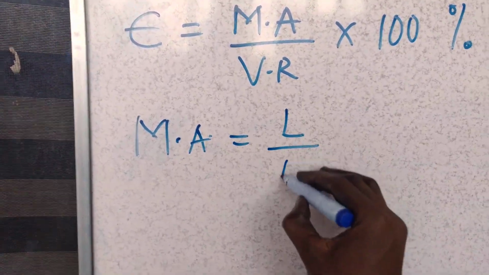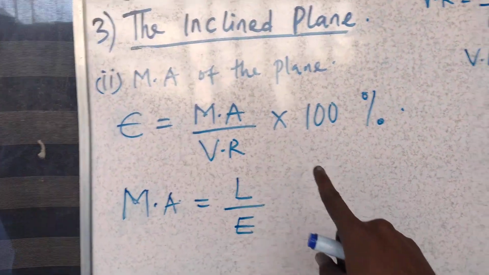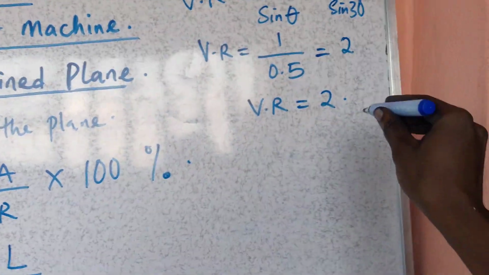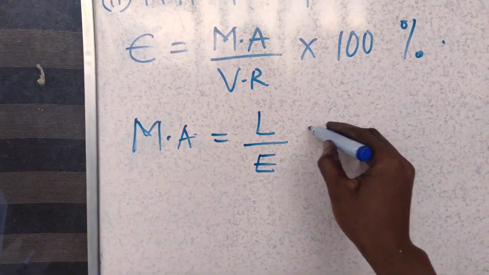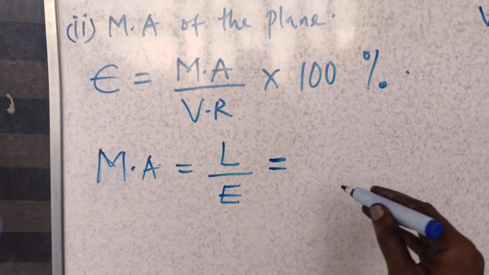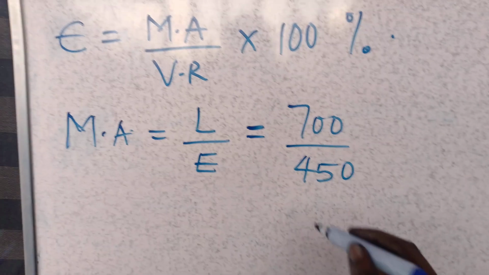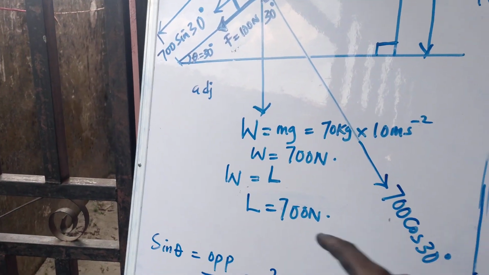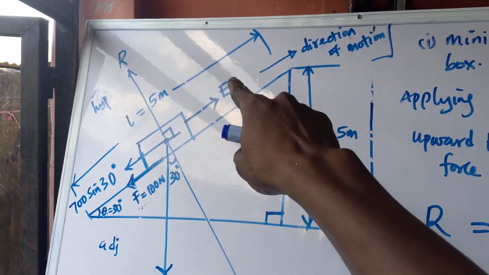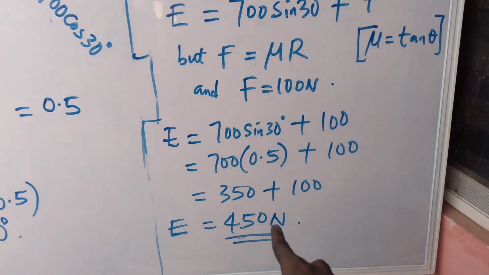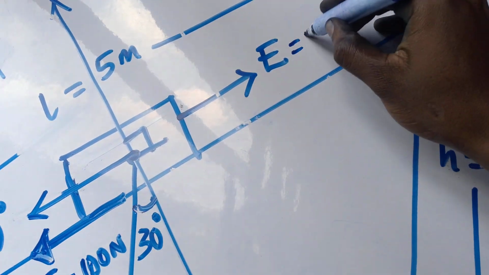Mechanical advantage is load over effort. We'll make use of this formula. We have gotten the velocity ratio as 2, so let's find the mechanical advantage, load over effort. We had the load as 700 Newton and the effort E as 450 Newton.